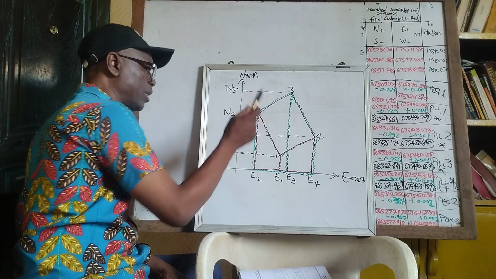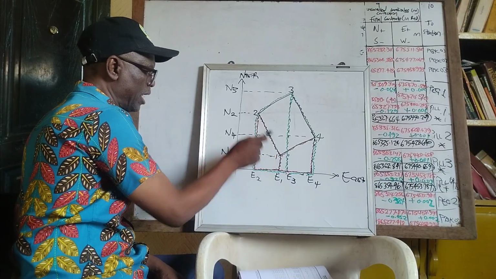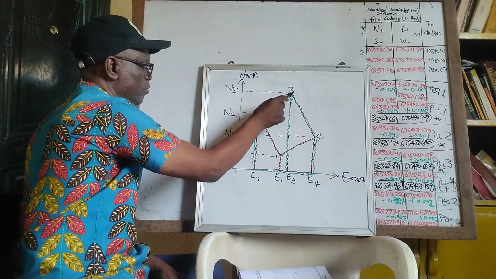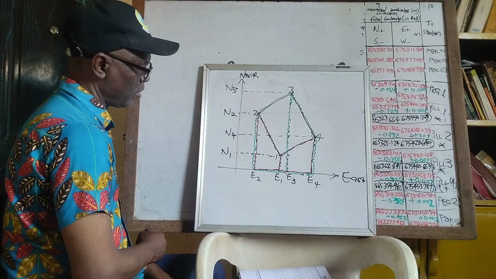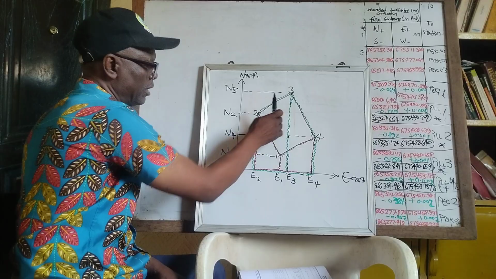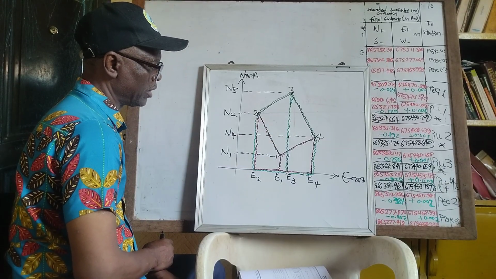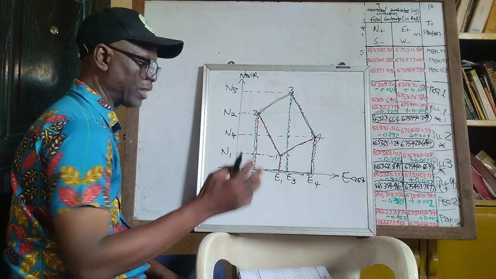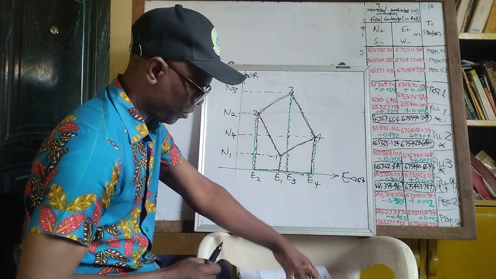Now let us assume that those pillar 1, 2, 3, and 4 are as represented here in this diagram as a four-sided figure. Now it will require the square meter for this particular quadrilateral. You can look at how we derive the area for it.